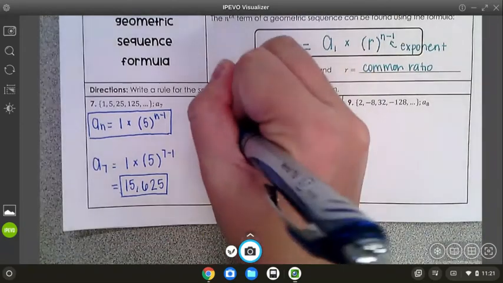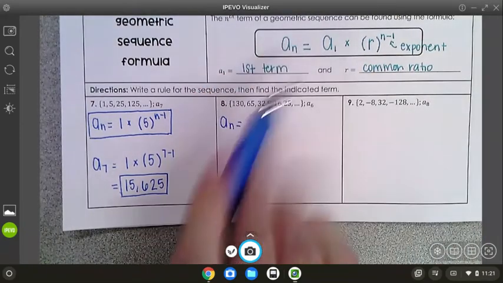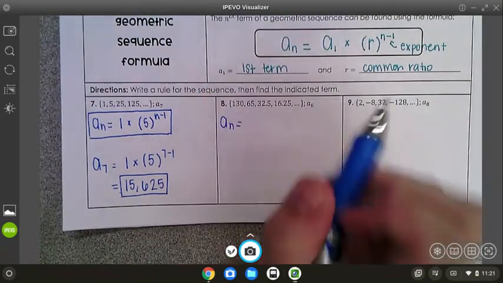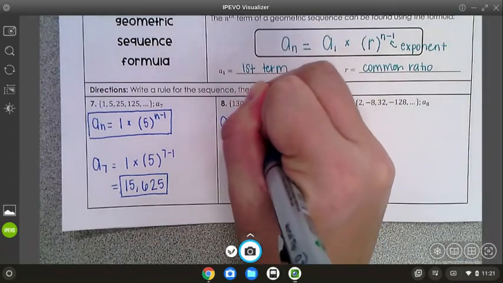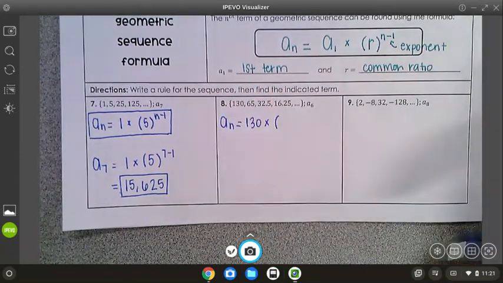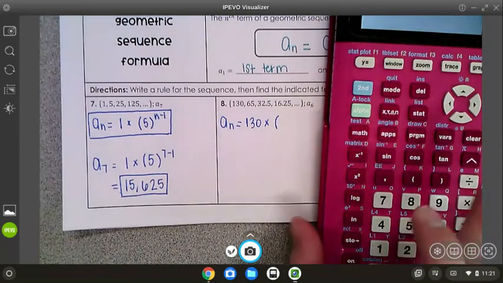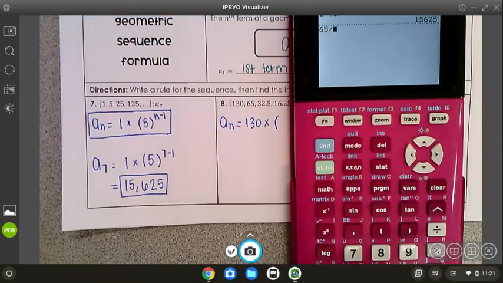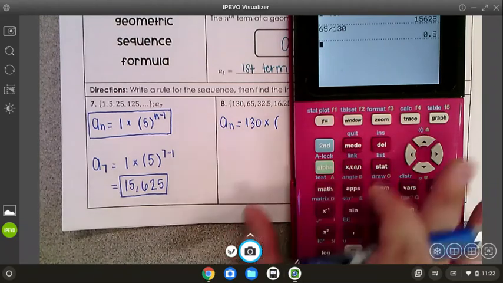Number 8. Find the formula. So my a_1 is 130. My r, 65 divided by 130 is 0.5.